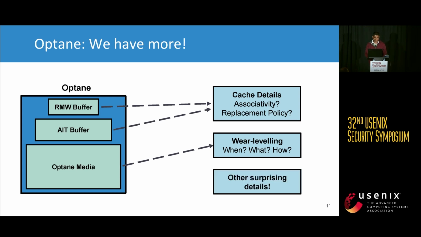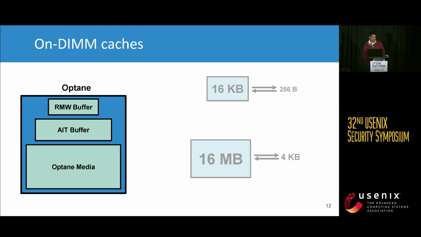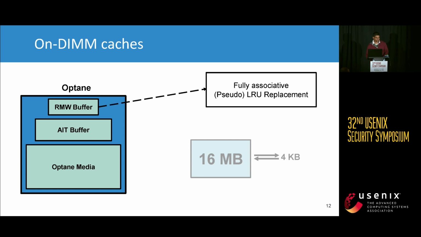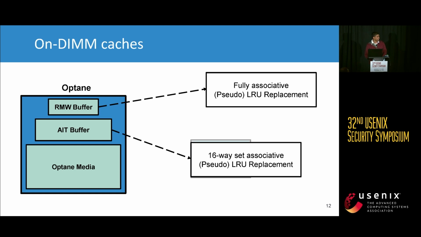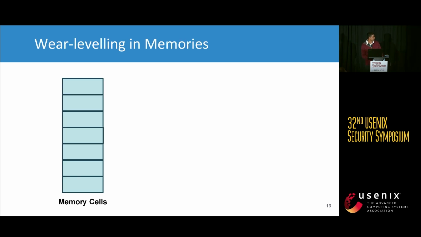And apart from these details, we do have other surprising details. So let's start with our on-DIMM caches or buffers. We find that the RMW buffer is a fully associative structure which follows an LRU-ish replacement policy. The AIT buffer is a 16-way set associative structure which also follows an LRU-ish replacement policy. And our next work deals with wear-leveling.